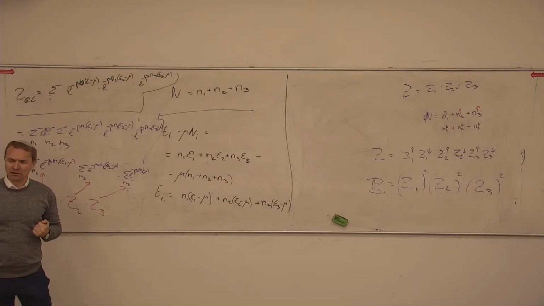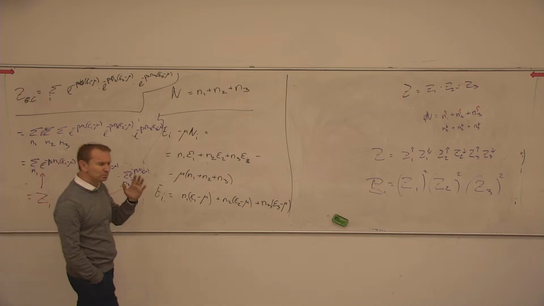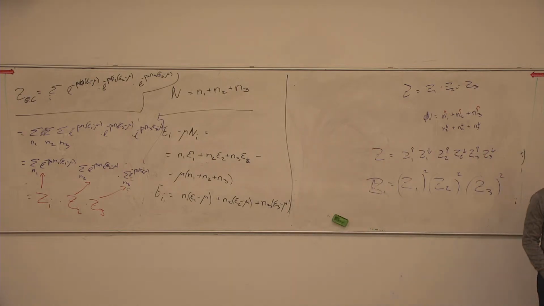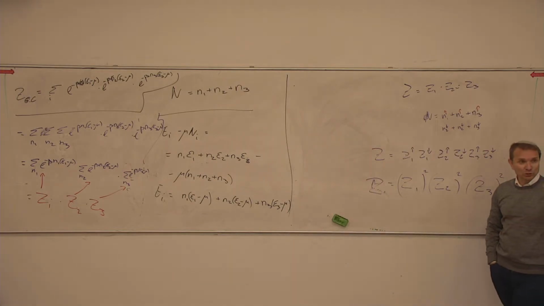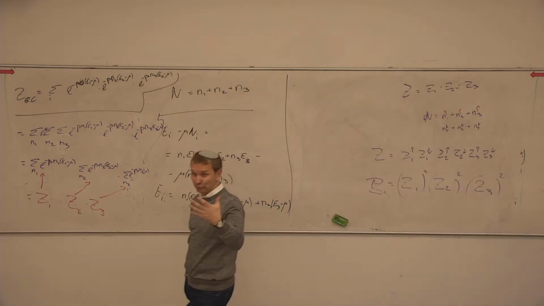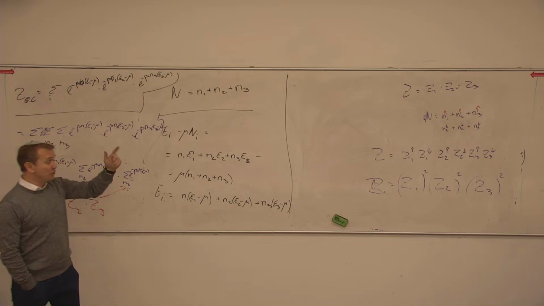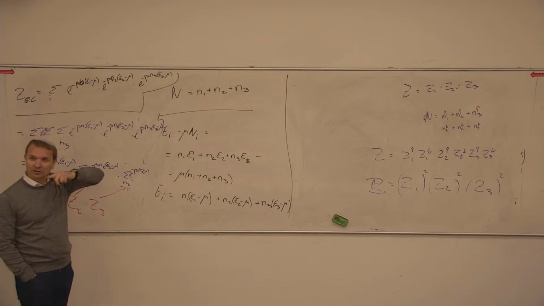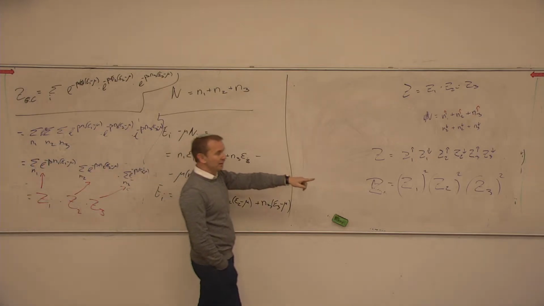The particles affect each other because of the Pauli exclusion principle. But when I'm using this grand canonical representation, I'm taking advantage of the fact that the number of particles is not fixed. It can fluctuate. Therefore, I can construct this independence of different states. Not particles independent, states independent.